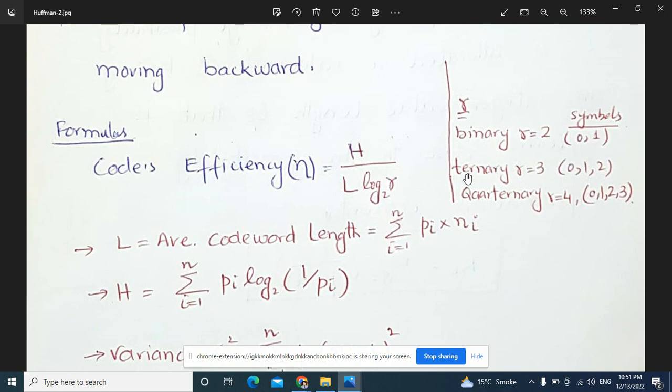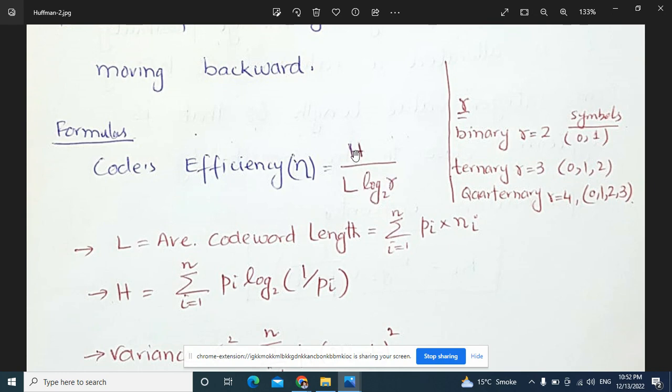But if you are talking about the ternary code, then gamma will be equal to 3, and the symbols are 0, 1 and 2. If it is quaternary, then its value is 4, and the symbols are 0, 1, 2 and 3. In this session, we will discuss the binary case, where gamma is equal to 2.